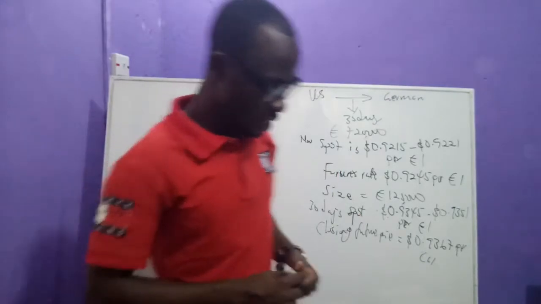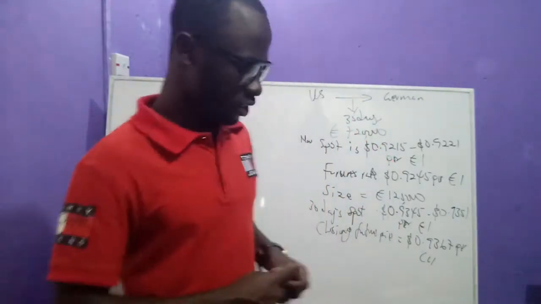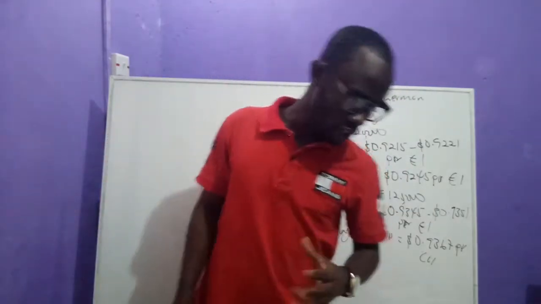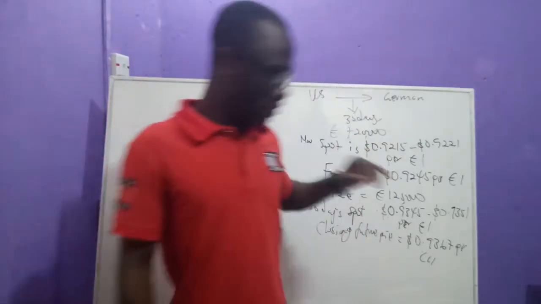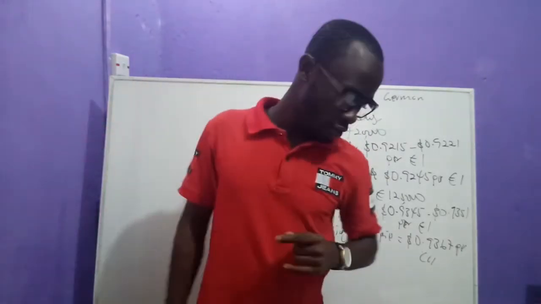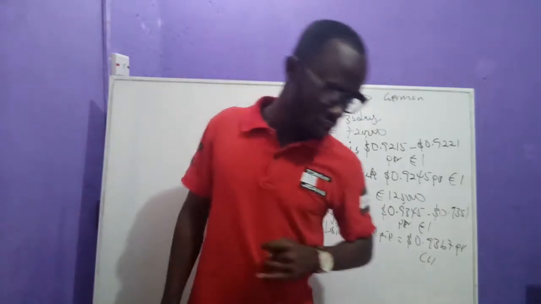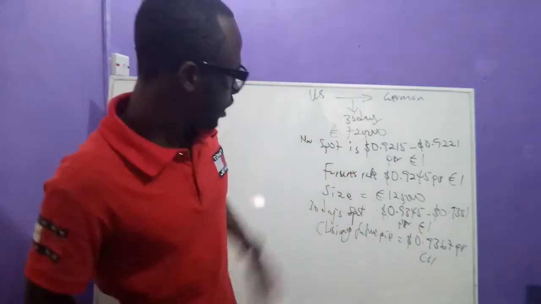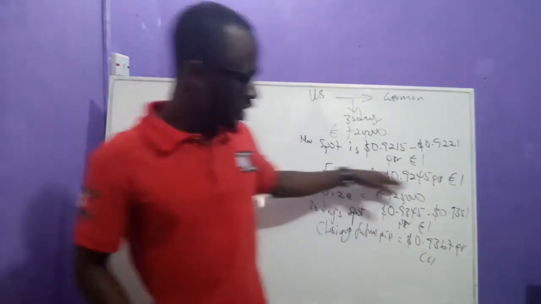Evaluate the hedge. Alright, so let me go through the question once again. A US company buys goods worth 720,000 euros from a German company, payable in 30 days. The US company wants to hedge against the euro strengthening against the dollar. The current spot rate has been given, and the futures has also been given.